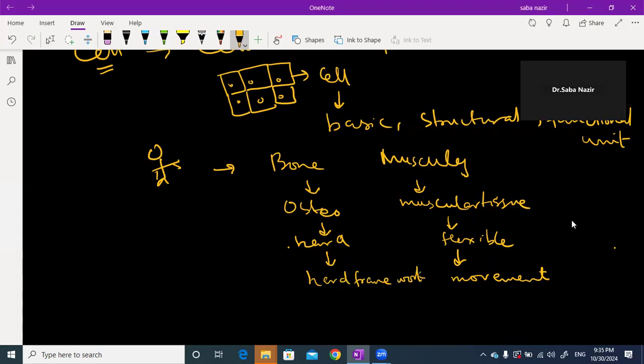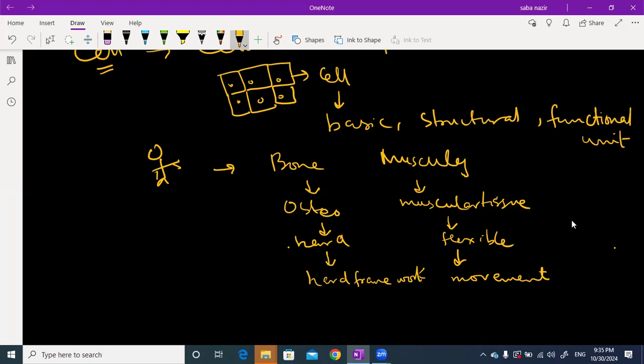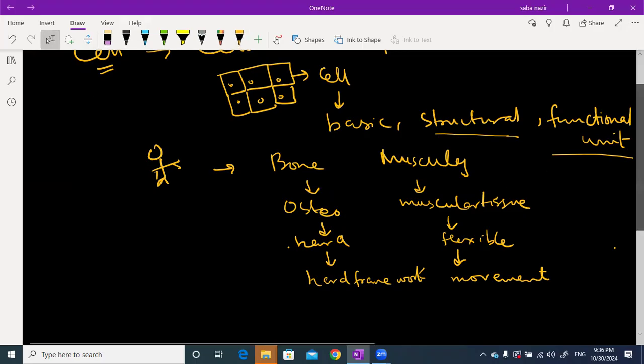So it means that every cell is actually a smaller structural subunit. It is giving the structure, and that structure is actually facilitating the function, right? So today we are going to explore the different components of a cell.